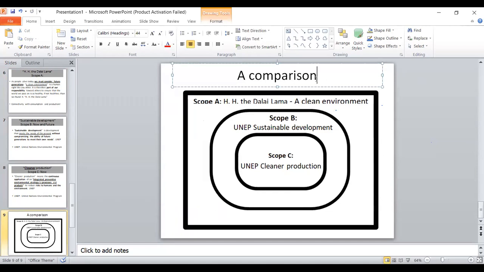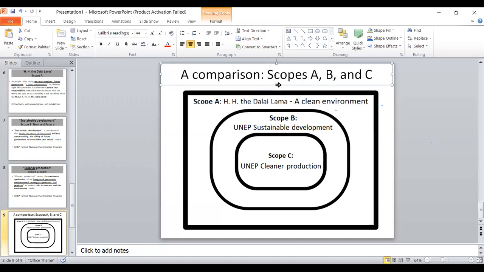Comparison of scopes A, B, and C. Okay, B and C are definitions. Of course, those definitions are understandable.